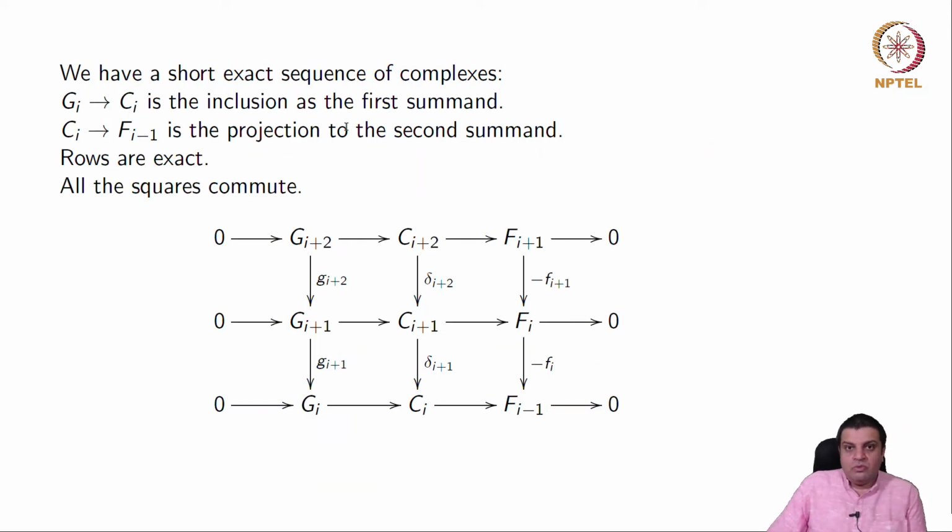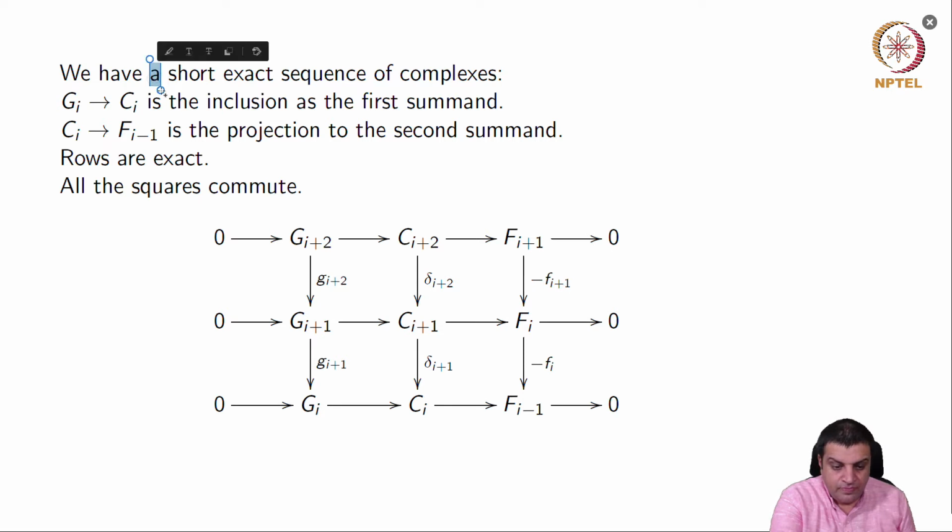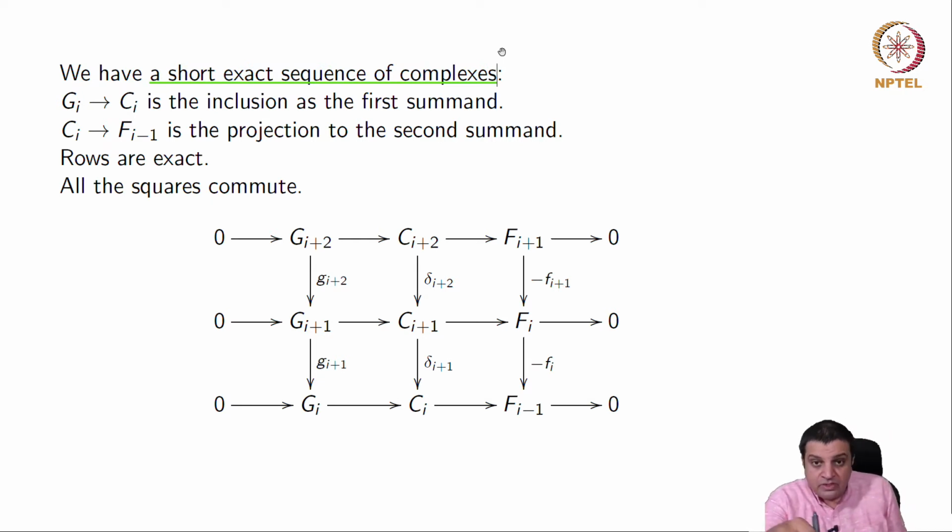So now from what we have constructed, we have what is called a short exact sequence of complexes. Okay, so I won't define it. I will just describe these things in this context, but we will do an exercise which describes it in full generality.